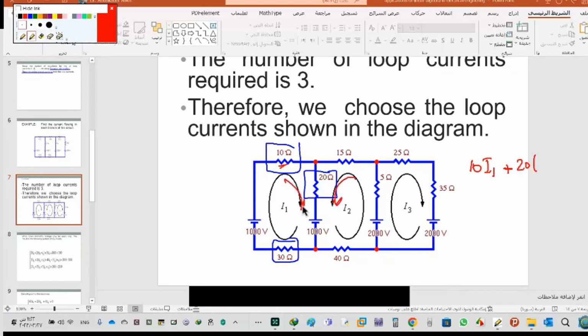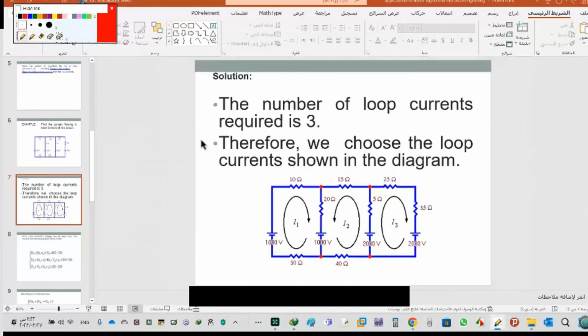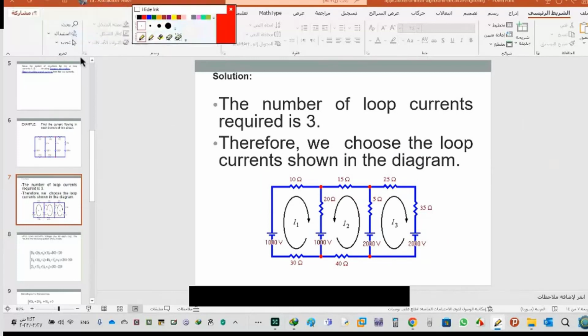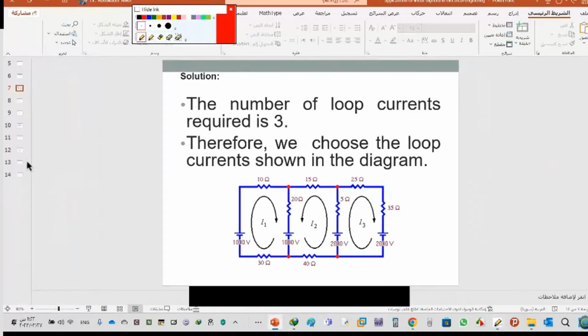I1 and I2 in the same direction, so I1 plus I2. Okay, because we have to close this or decrease this one, in this way.